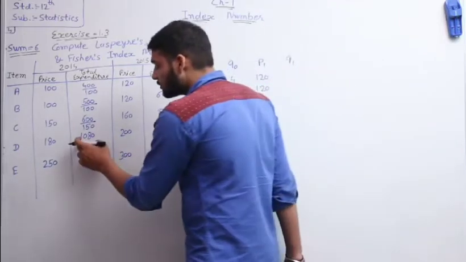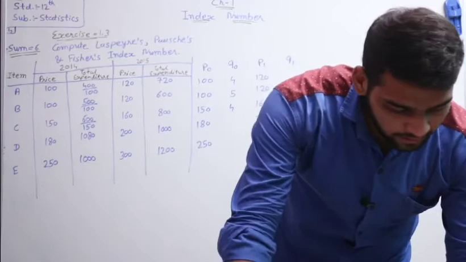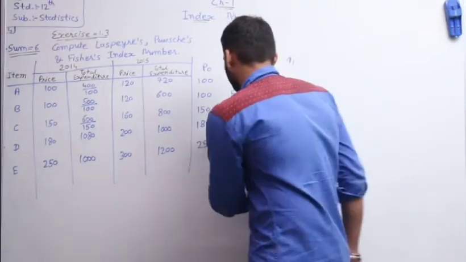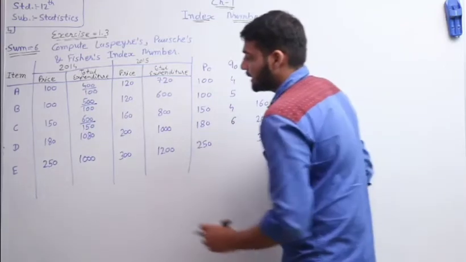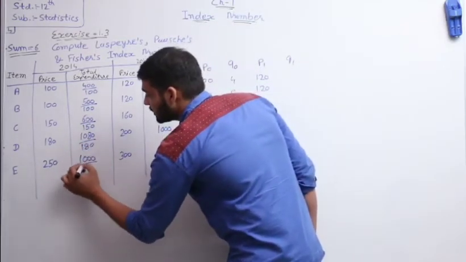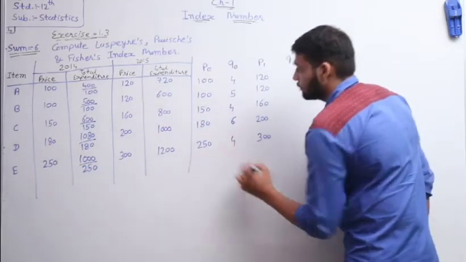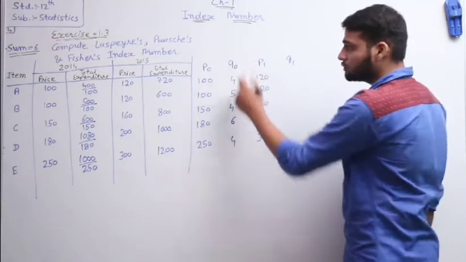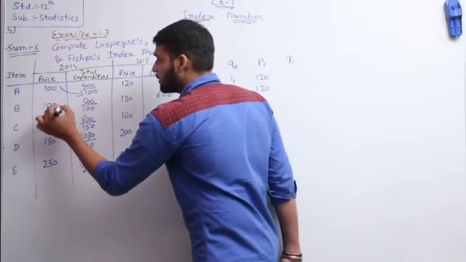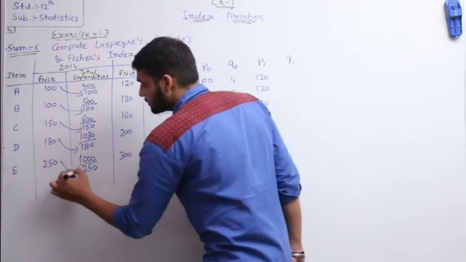Then 1800 divided by 180, so the answer is 6. Then 1000 divided by 250, so the answer is 4. Got it students, how to find the Q0 column? Total expenditure divided by price.